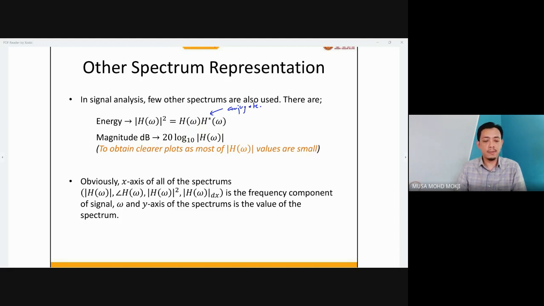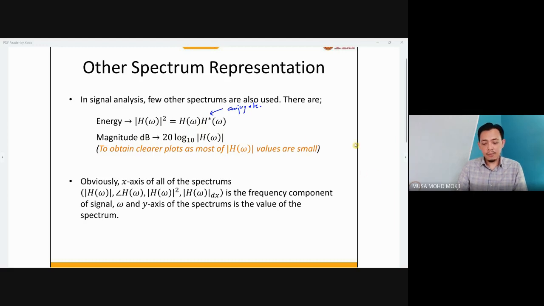Then we normalize everything so that everything becomes 0 to 1. But with dB, we rearrange values not for that purpose. We do that so that we can observe smaller values. If you have a very small value, the value will become bigger. Okay, so then we can see everything.